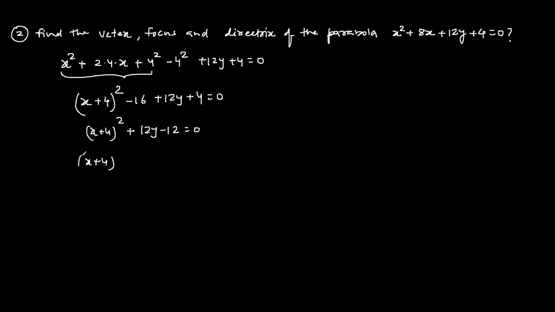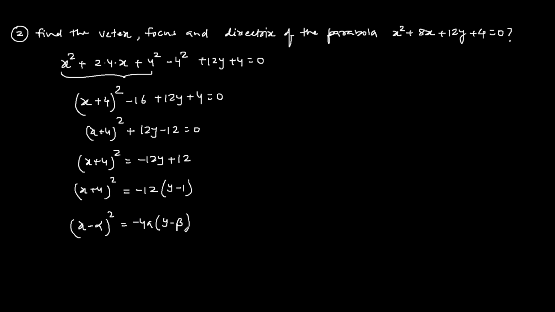So this is (x plus 4) square equals minus 12y plus 12. So (x plus 4) whole square, take minus 12 common, so we are left with (y minus 1). Now this equation is in the standard form, (x minus alpha) square equals plus minus 4a (y minus beta).